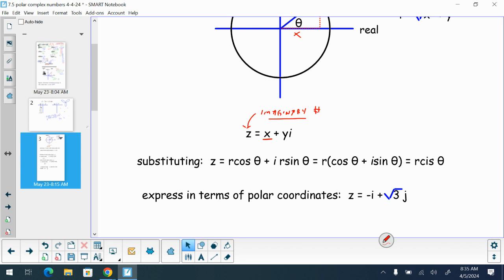Once again, we are taking the y out and the x out and just replacing with what it's equal to. We can factor out the value of r. R is common in both of these. So we have r times cosine theta plus i sine theta.